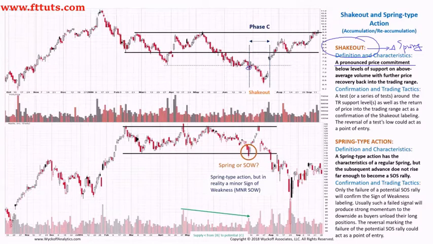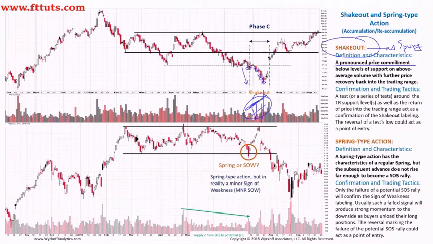Look at how many closes we have below here. Quite a few. And distance-wise, it traveled. We also would like to see a much better volume signature here, so more of an increase.